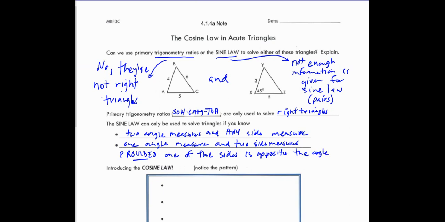Okay, so long story short, you have to have a full pairing and an incomplete pairing in order to do sine law.